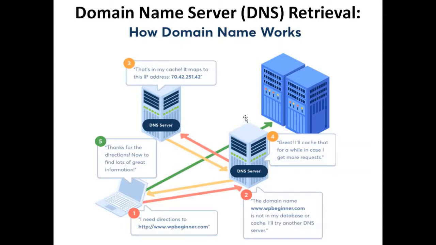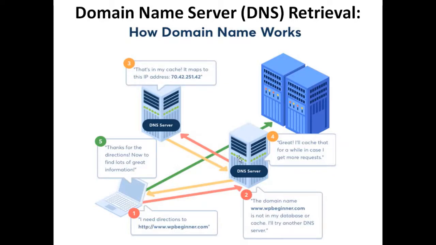So if the website you're trying to access is not found on your local DNS server, it sends a request to the next DNS server, and so on, until one of the DNS servers finally says, yes, this domain name is in my listing and the relevant IP address is this.